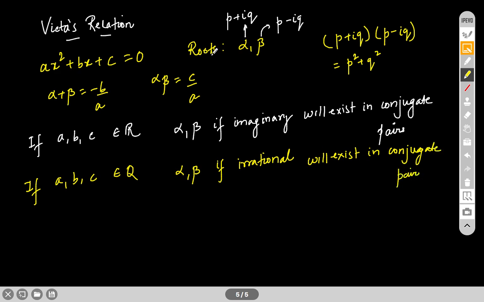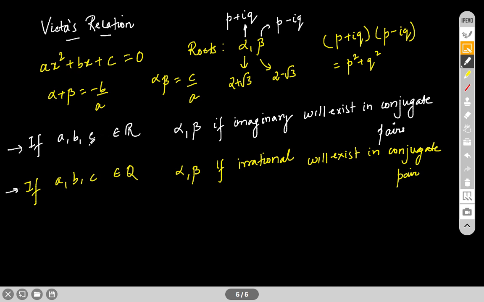What I mean to say is that let's say this is 2 plus root 3, then the other one should be 2 minus root 3. Getting the point? Remember, this property is to be only used when you are sure about these initial conditions.